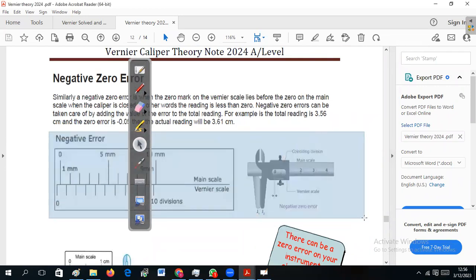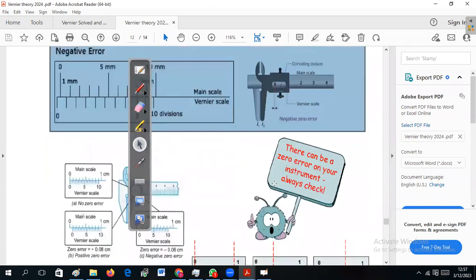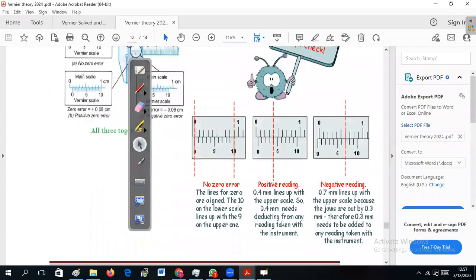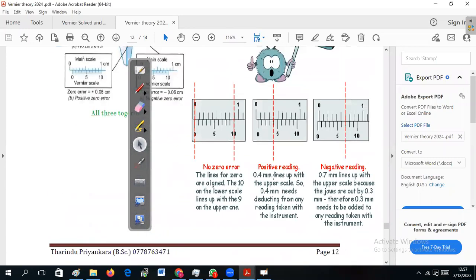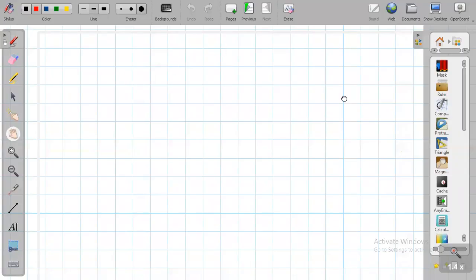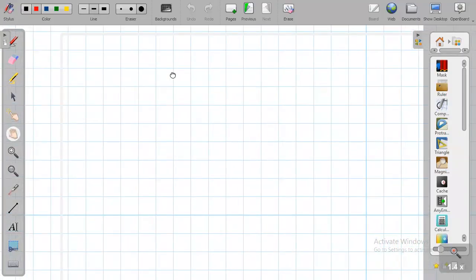Subtopic: negative zero error. Please don't write yet, I have to teach you an example of how to remove this. Did you write the negative zero error? If so, cancel it with a pen line and write this again.